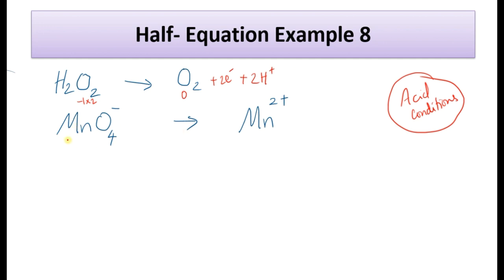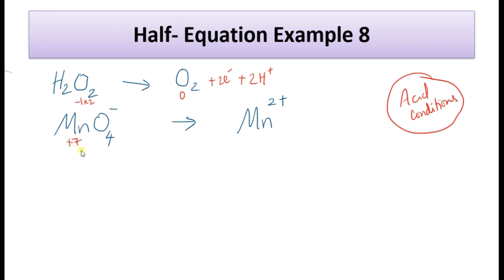Let's focus on this one. So that's plus 7 here and plus 2. So I need to add 5 electrons here. Also notice this oxygen here, so that means we have to add H plus or water to balance that. H plus, H2O, right? So then look at the overall charge to decide on how many H plus to add. So you have 6 minus here and plus 2 here.